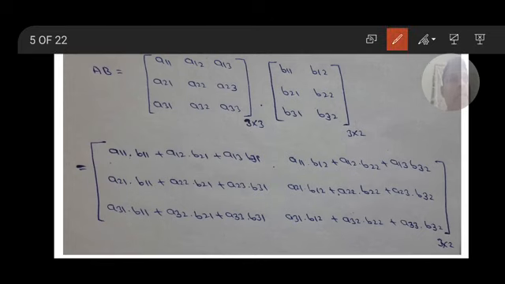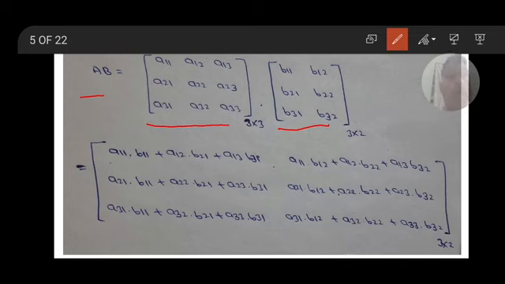Suppose A into B, where A has elements A11, A12, A13, A21, A22, A23, A31, A32, A33 and B has elements B11, B12, B21, B22, B31, B32.